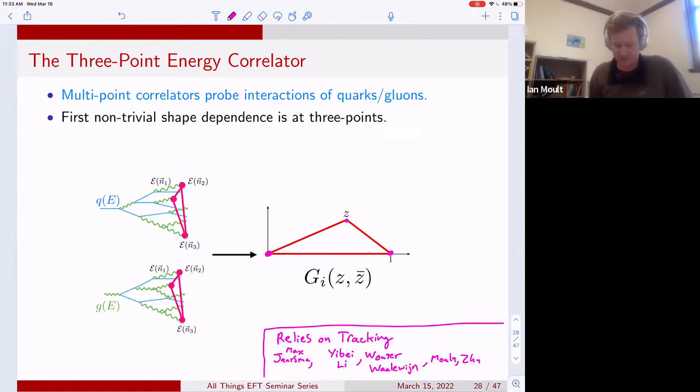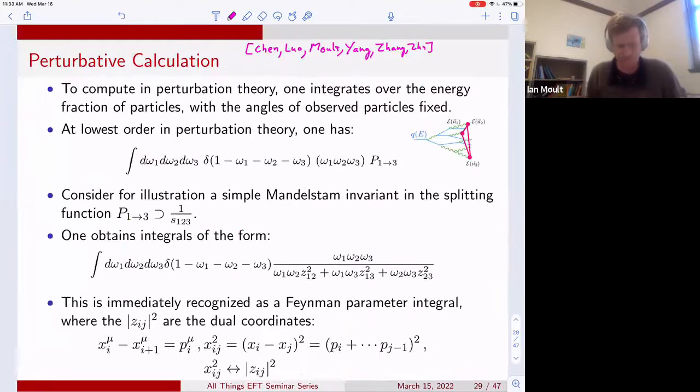And so though I won't unfortunately have time to highlight it, the ability to measure these inside the LHC jets relies on the use of tracking information. And so we have a nice formalism developed by some of these people here, which allows us to perform first principles calculations incorporating tracks. And so that will be kind of swept under the rug, but that's what really allows this to be done at a very precision level.